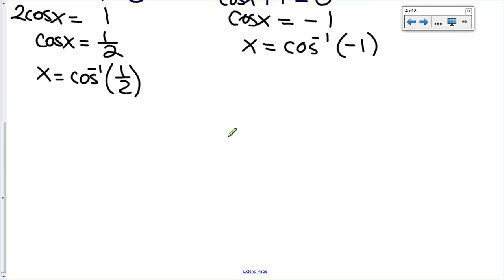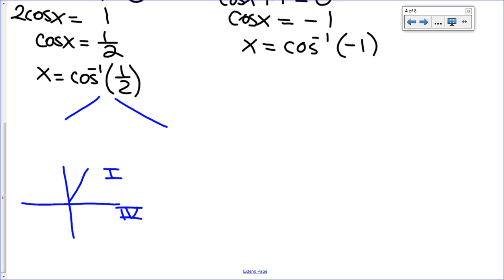All right, so from here, we're going to have 2 solutions again. Okay? So think about it. Where is the cosine positive? Quadrants 1 and... no, 3. No, 4. Come on. So we're going to have one of those here.